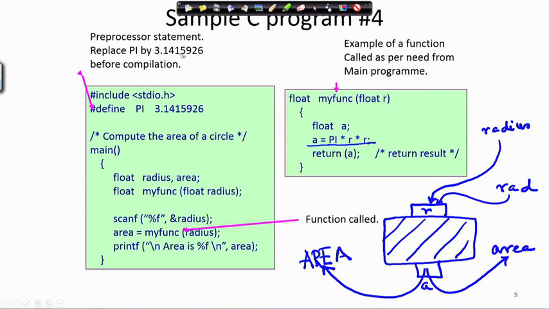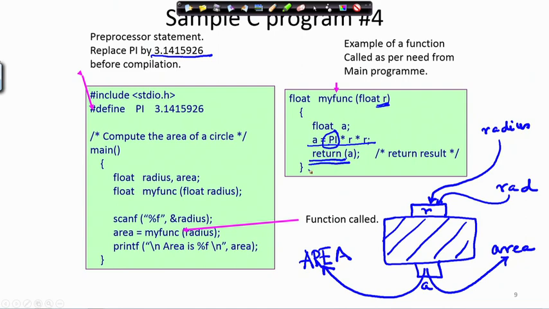Because pi has already been defined here. So, this pi will be replaced by this value, 3.1415926 times R. And what is this R? When it has been called with radius, the value of radius will come here, and return A.